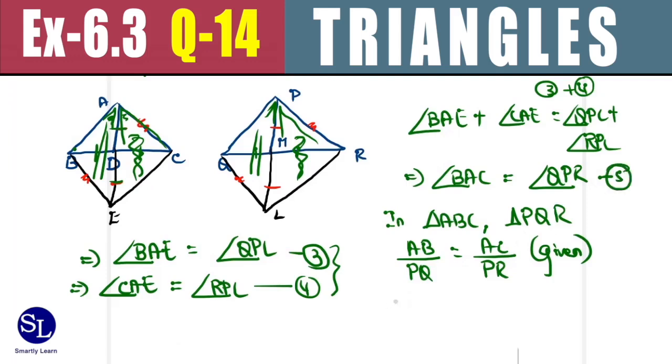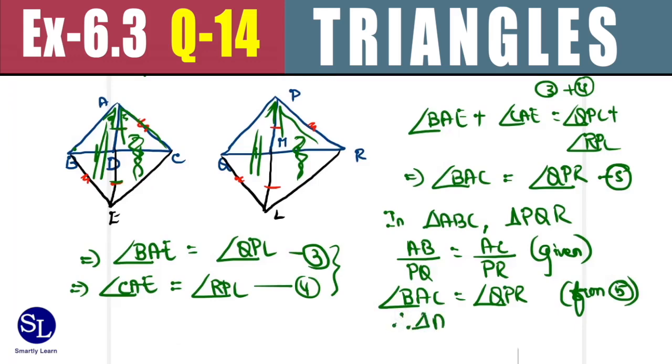If I mark this as equation 5, then angle BAC is equal to angle QPR, from 5. Therefore, triangle ABC is similar to triangle PQR using SAS similarity, and hence proved.